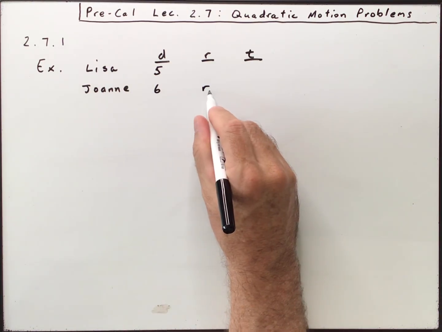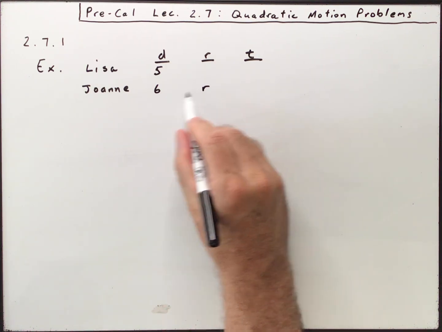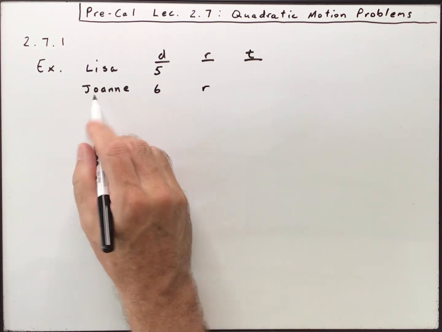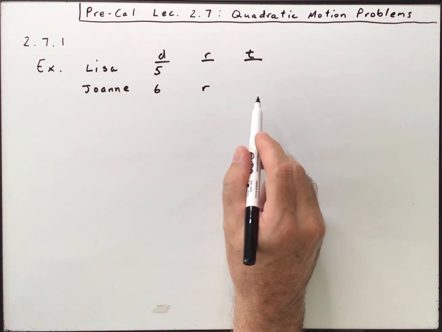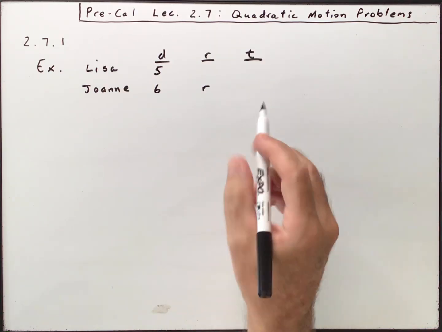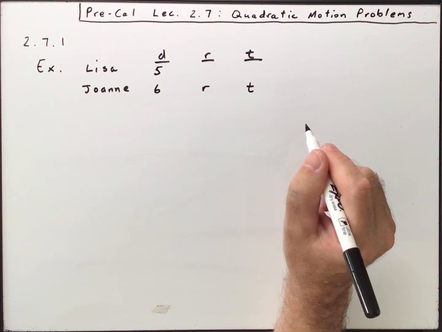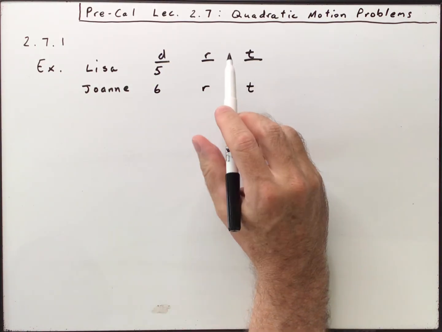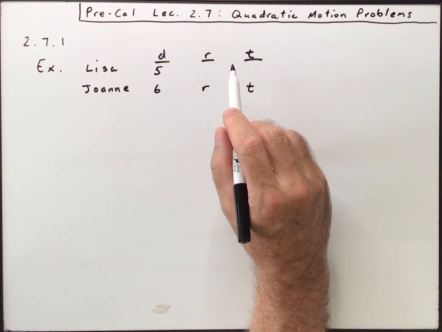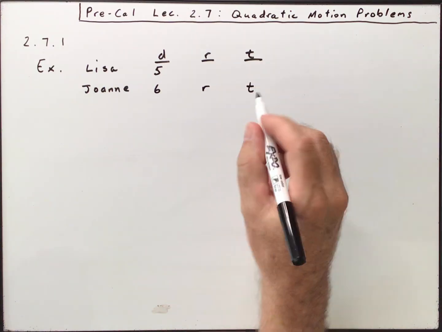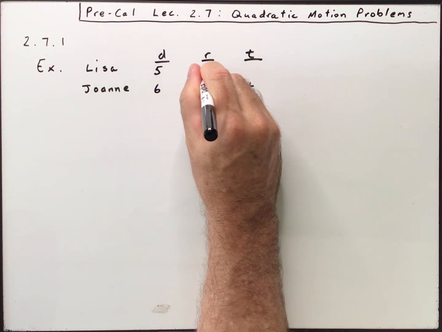So what I usually do is I want one of these horizontal lines to be a simple distance equals rate times time. So I'm going to go ahead and give Joanne the t. Lisa now, if you read it, is hiking 2 miles an hour faster than Joanne. So that's r plus 2.